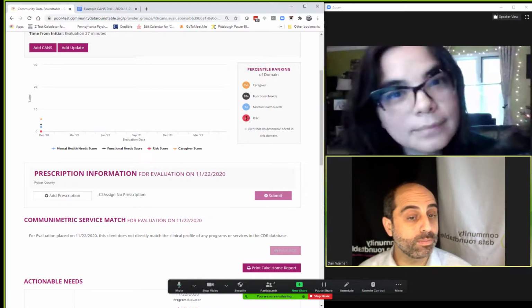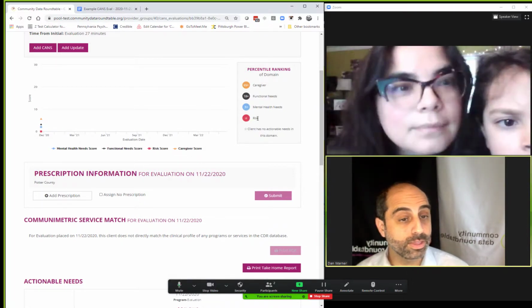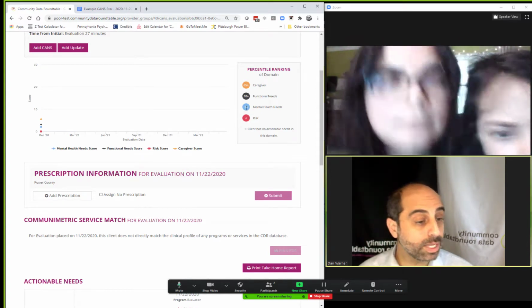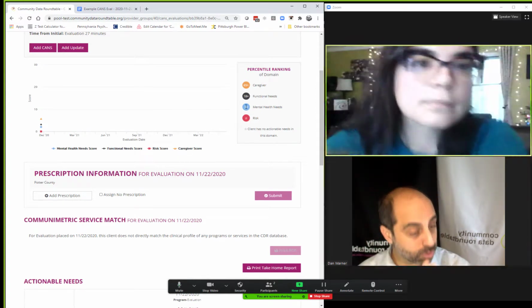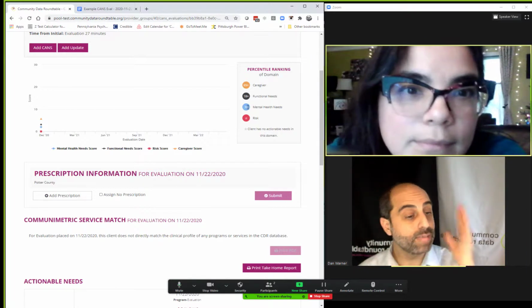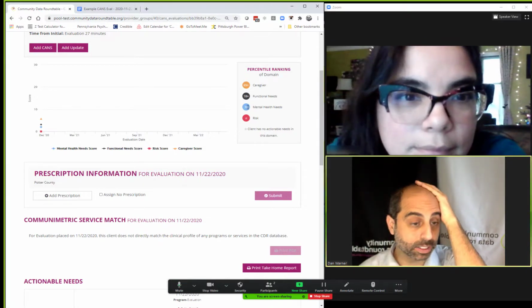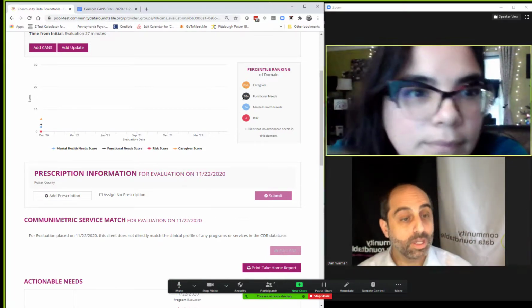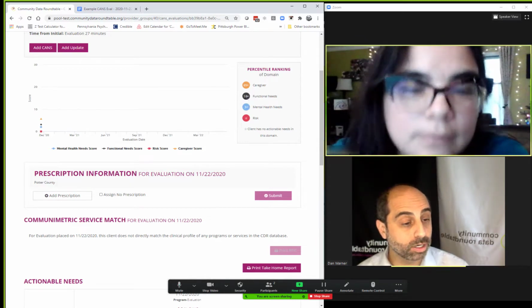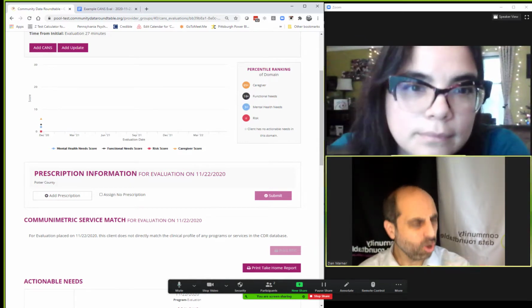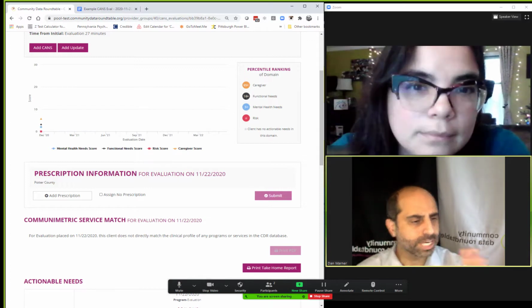You see how this red ball here is low? It's a star. There's nothing there. And then mental health needs, very low. She's in the third lowest percentile of her needs psychiatrically, as far as symptoms. There's some functioning influence on her as far as how she was doing at home. Her behavior was a little problematic in different domains.